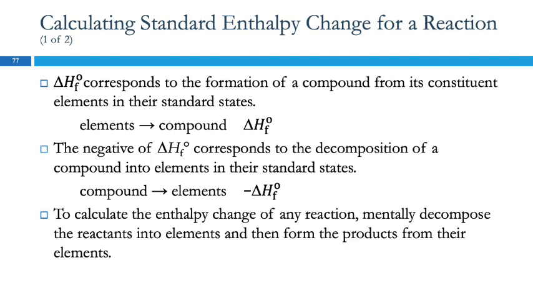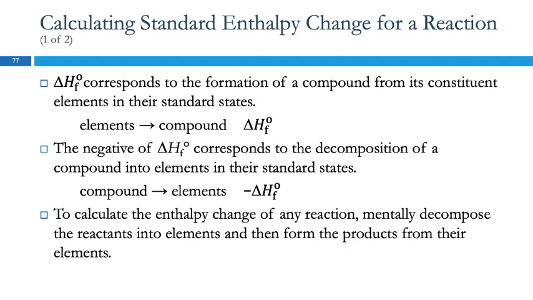So using this idea, we can calculate the enthalpy change of any reaction by, just in our minds, decomposing all of the compounds into their elements in their standard states and forming the products. So any reactants we'll take apart into elements, and we can look up the heat of formation for that.